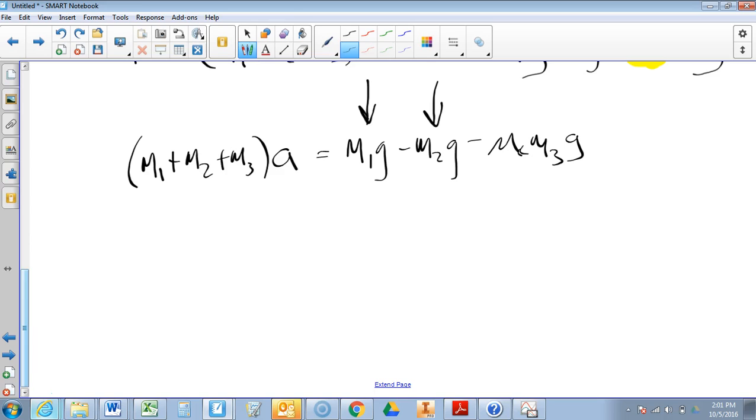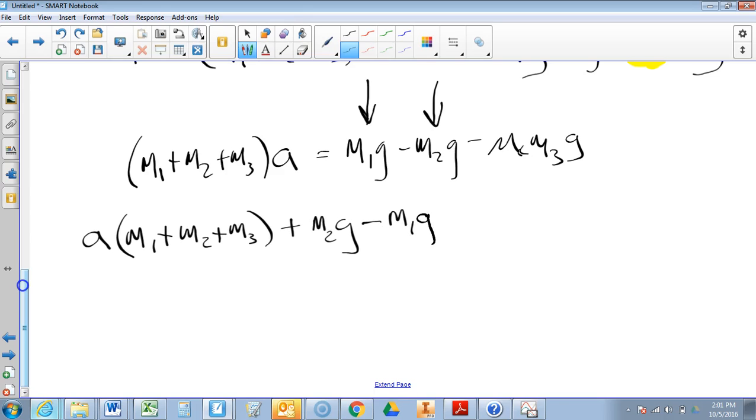So I'm going to end up with, I'm going to put the A up front, M1 plus M2 plus M3 times A, plus M2G minus M1G equals negative mu kinetic M3G.